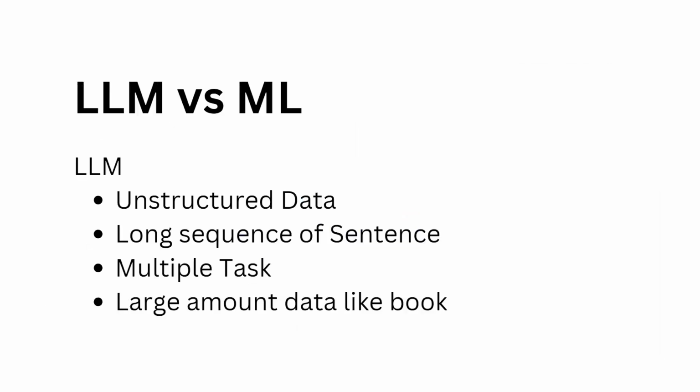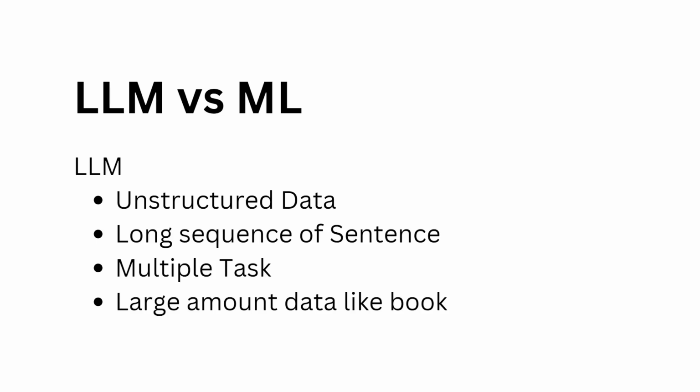So what is an LLM, or large language model, versus traditional machine learning? Why is it needed? Well, the large language model works with unstructured data, and traditional machine learning requires structured data.